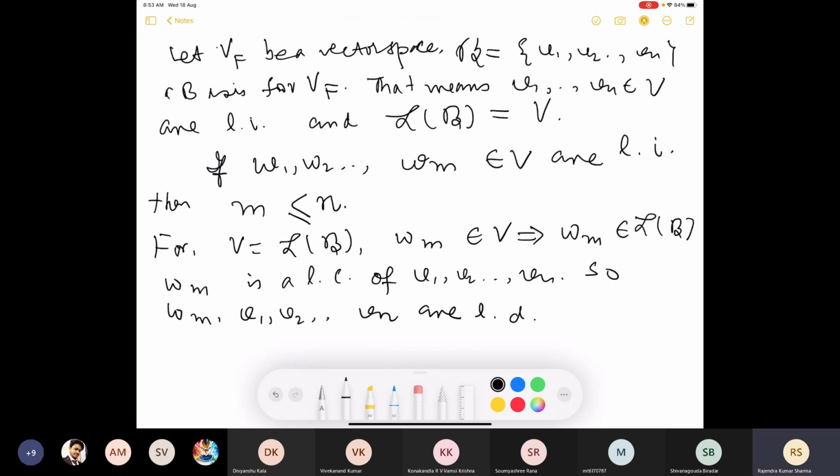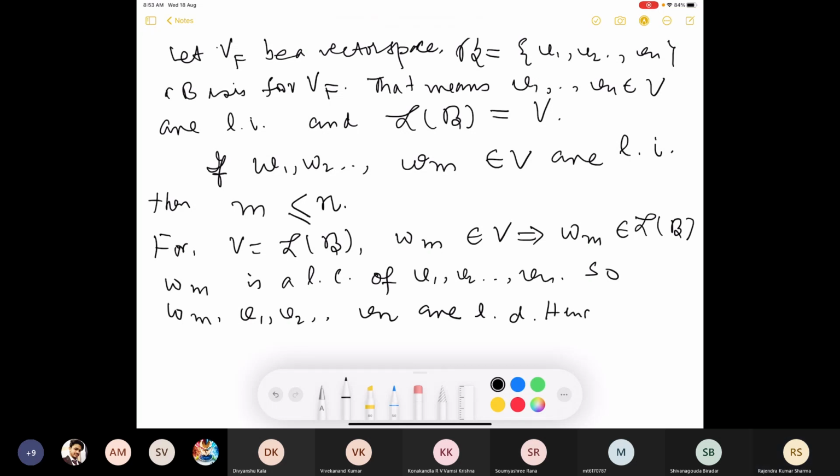Also they span V. V1, V2, up to Vn already span V, and therefore there should exist some proper subset.